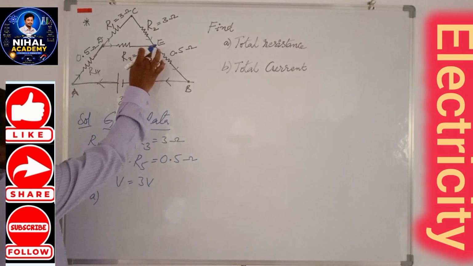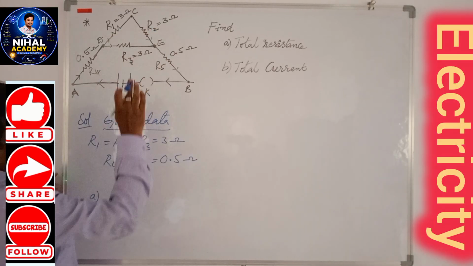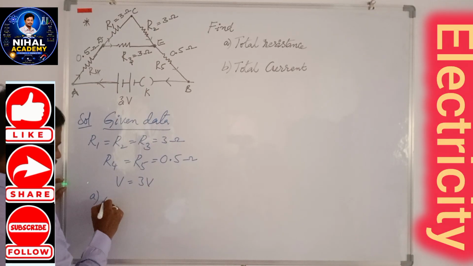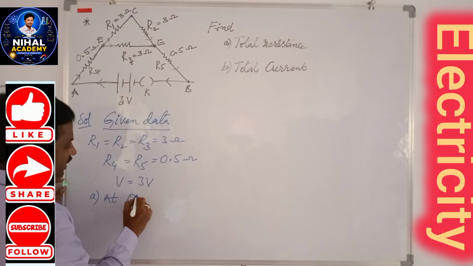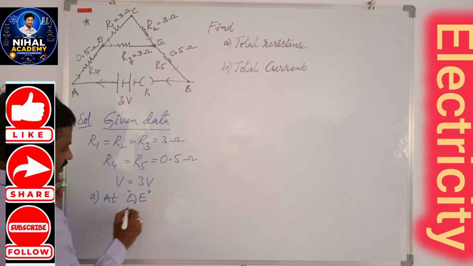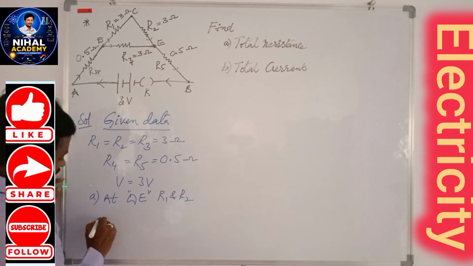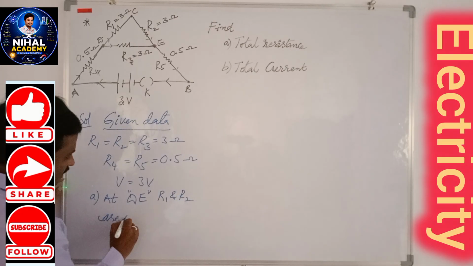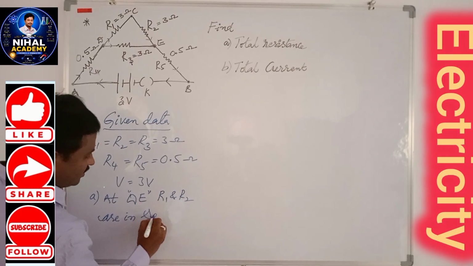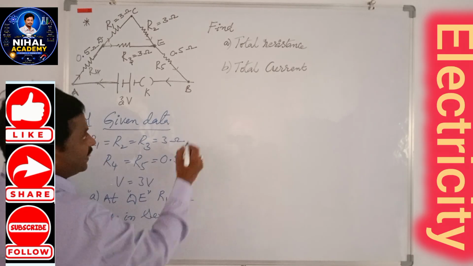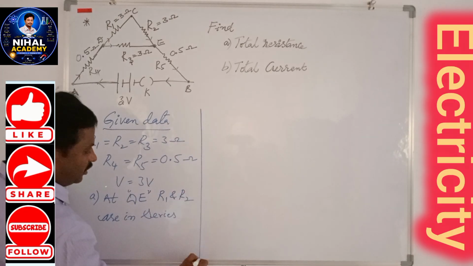Check that here D and E: DE is one junction. So at this junction DE, R1 and R2 are in series. Then how can we write the formula?